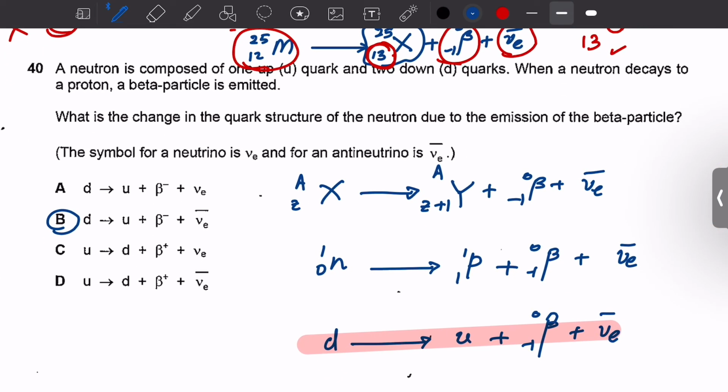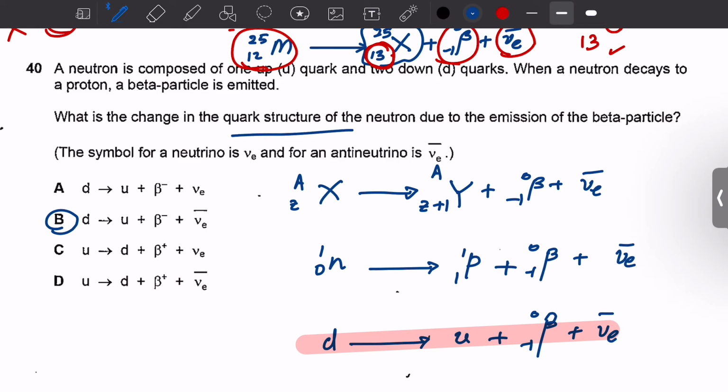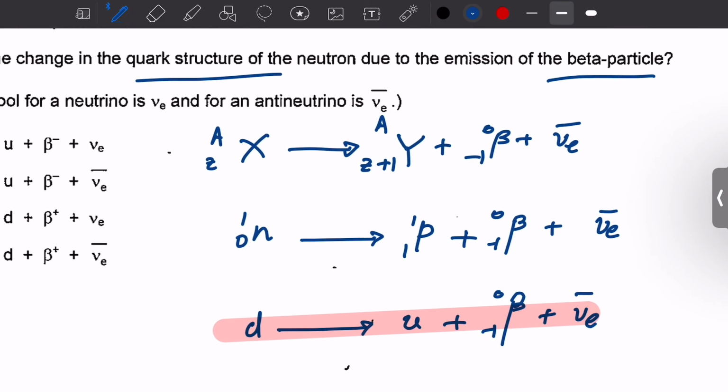Question number 14. A neutron is composed of an up quark and two down quarks. When a neutron decays into a proton, a beta particle is emitted, and so on. They ask which quark structure changes in the neutron when the beta particle emission is happening. Beta emission we can write in three different ways. One is this way, thinking about the whole nucleus.